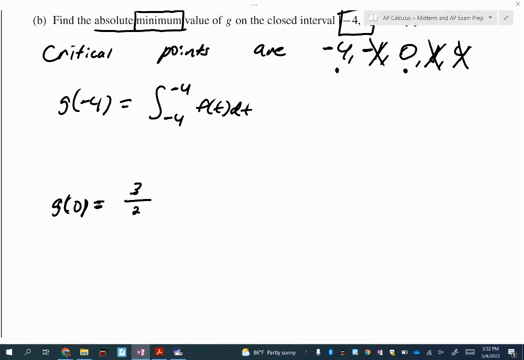No matter what the function is, if the limits of integration are the same, it's always equal to a number. It's 0, because in order for there to be area under the curve, we have to move to another number. If we're not moving to another number, it's going to be 0. So this is 0. Look at those two y values. One's 0, one's 3/2. Which one is smaller?